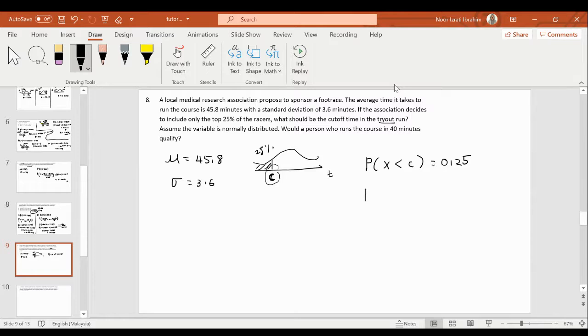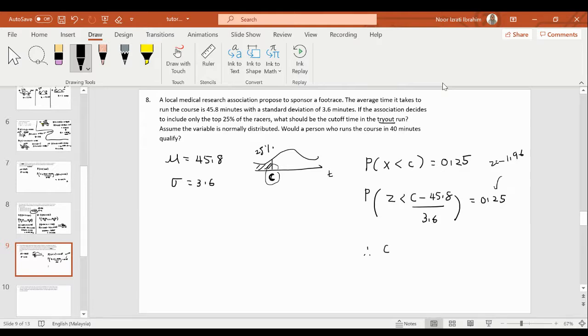To find C, you have to transform X to become Z. It will be C minus the mean 45.8 divided by the standard deviation 3.6 equals the Z value for 0.25.